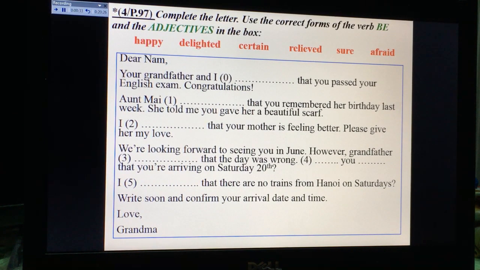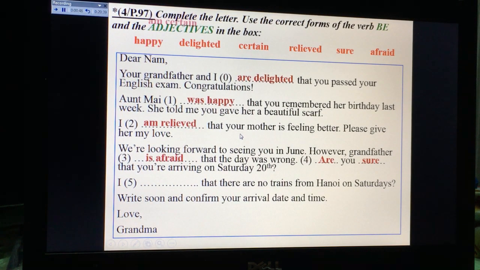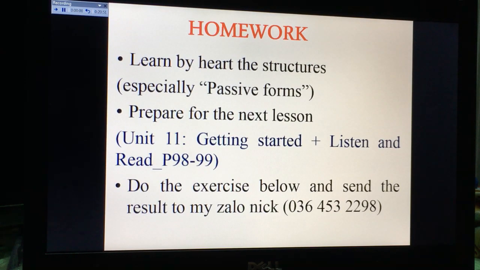Are you ready? Now, here is the answer. How many correct answers do you have? If you don't have the correct answer, please look at the screen and correct your answers. Now, we move to the next part.